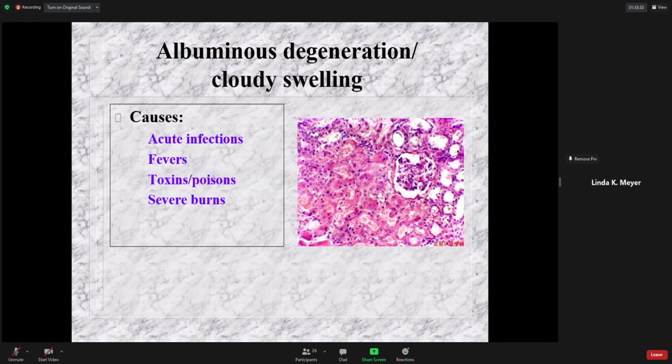It gets its name because there's an abnormal accumulation of protein in the cells that affects these cells. And if it continues, if it just doesn't go away, it can actually lead to death of those cells.